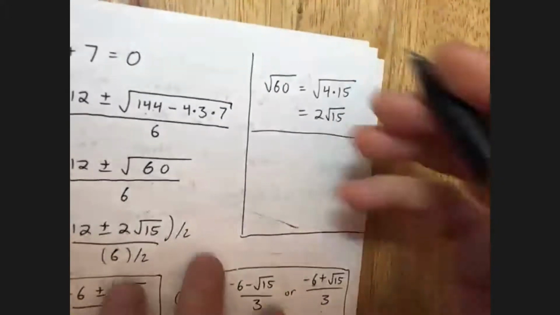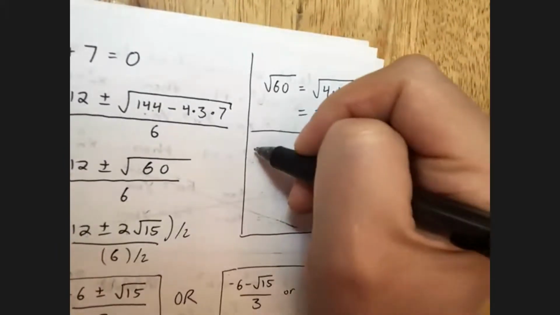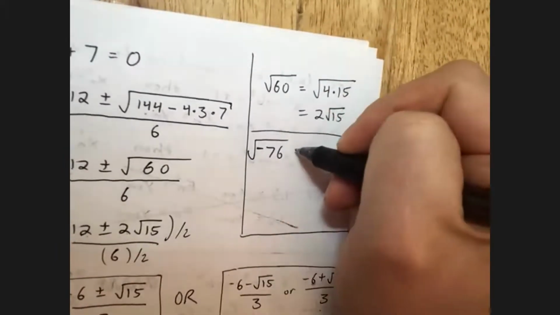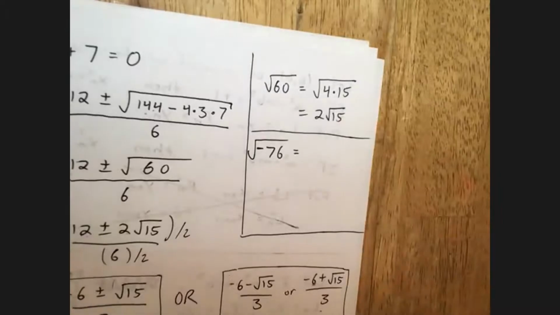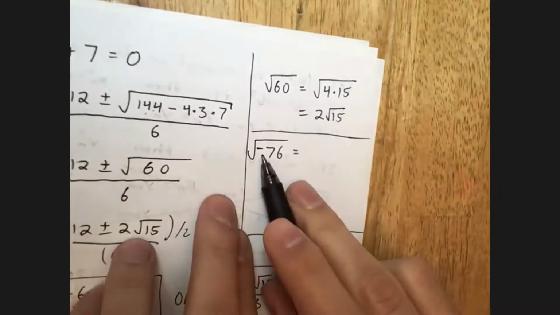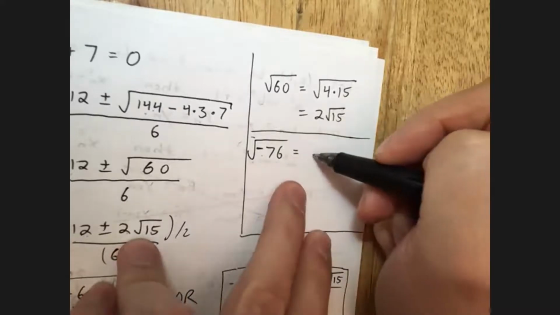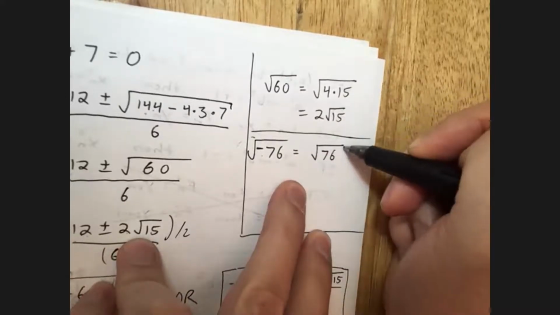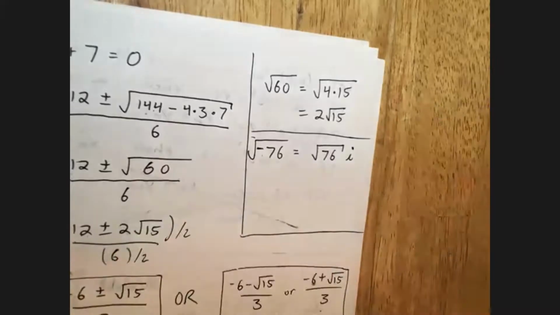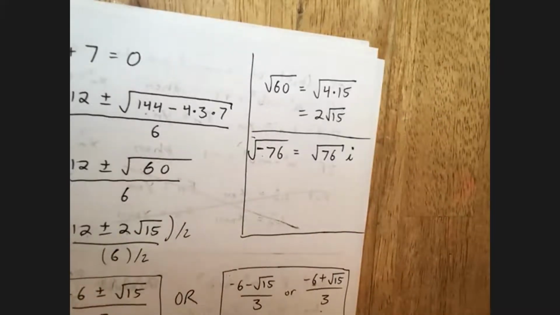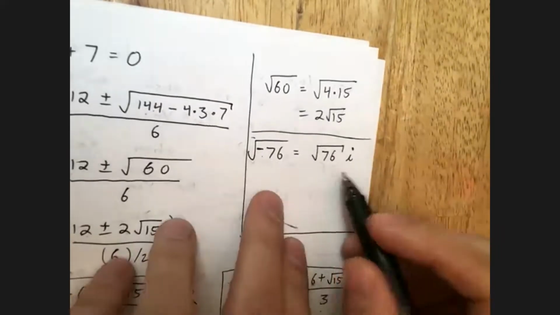All right, and we'll simplify that. Root negative 76. Well, we know that when we have a negative inside the square root, it comes out as i. So this is root 76 times i. Okay, so this is going to be a complex number, an imaginary number here.